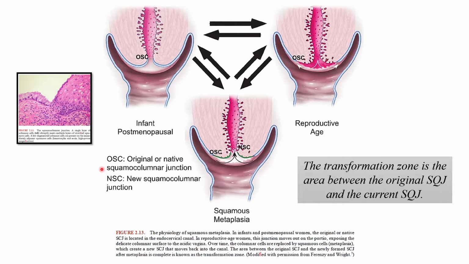So, the transformation zone is the area between the original squamocolumnar junction and the actual or current squamocolumnar junction. We can see here in the arrows the movement of the squamocolumnar junction throughout a woman's life cycle in response to hormonal changes.